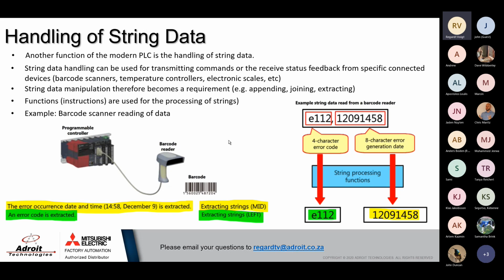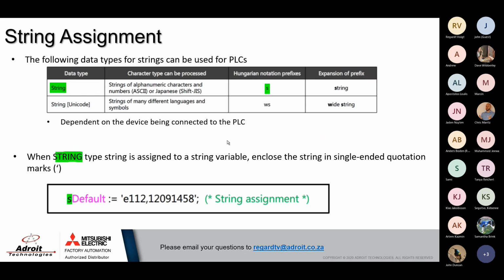So if we look at this example here, when you assign a string value to a variable in GX Works3, you need to take into account the different types of strings being used.